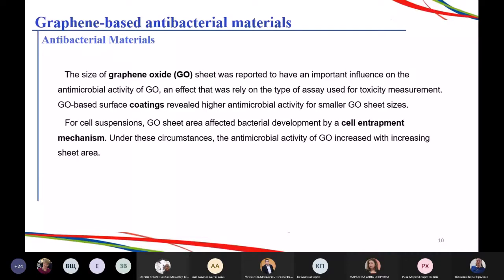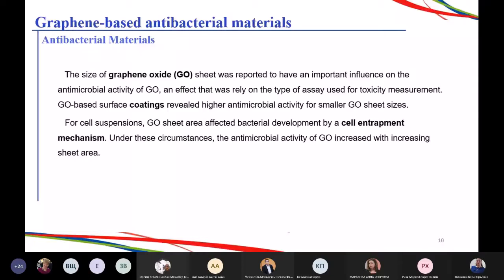The size of graphene sheet or graphene oxide sheet in particular was reported to have an important influence on the antibacterial activity of graphene oxide, an effect that relied on the type of assay used for toxicity measurement.